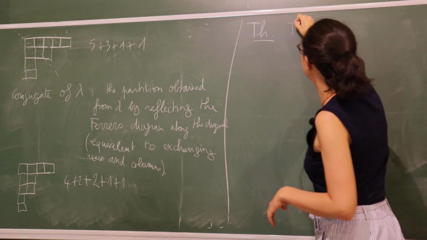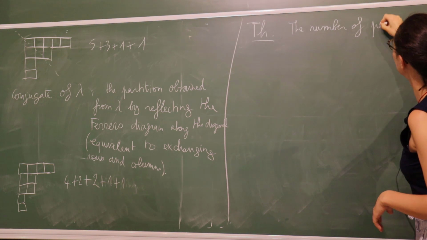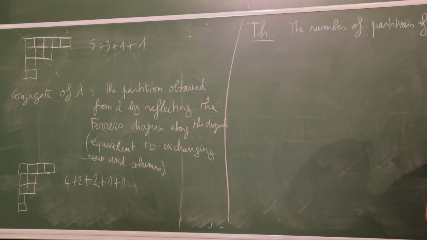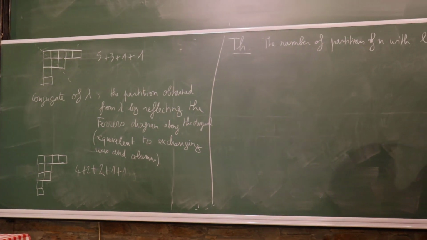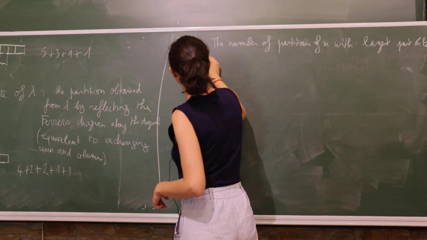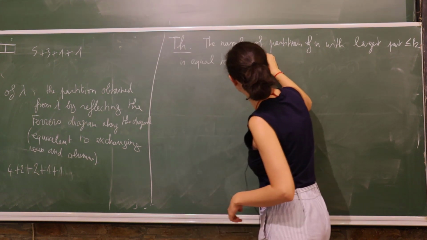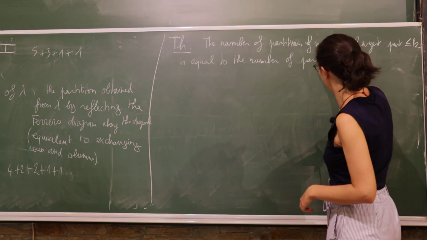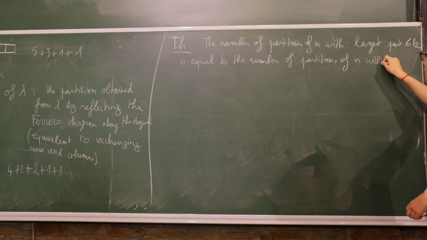The number of partitions of n with largest part at most k is equal to the number of partitions of n with at most k parts.